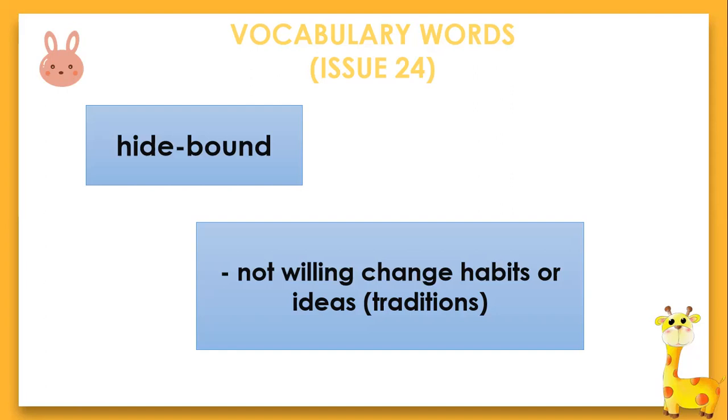She isn't hidebound about her clothes style. Okay, you said she doesn't. If you add not, that's also fine. It means she is willing to change, because you said she doesn't. Okay, that's correct.